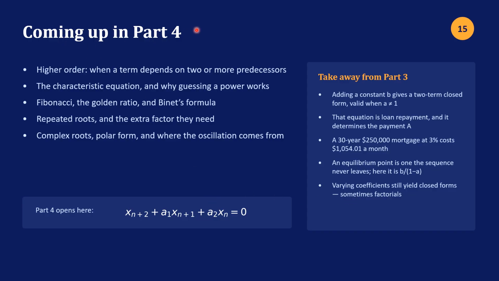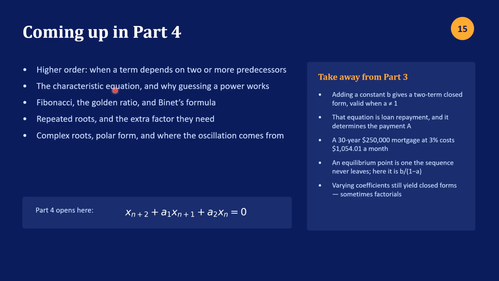So coming in lesson 4, we'll talk about higher order difference equations when a term depends on two or more predecessors. This is an example we'll start lesson 4 with. You notice that in order to compute x sub n plus 2, you need to know two previous values.